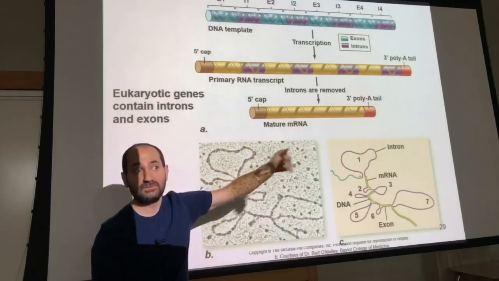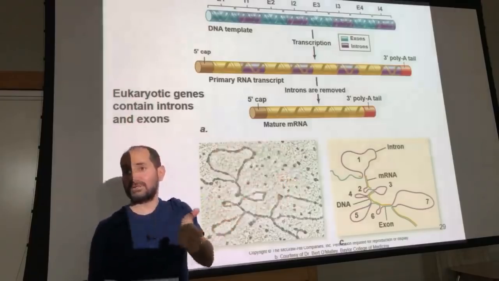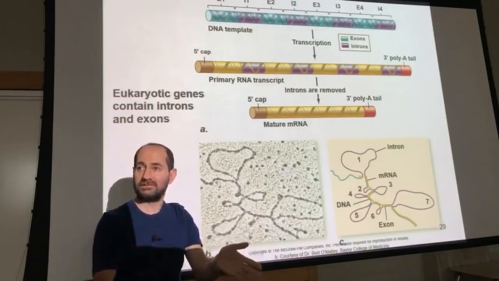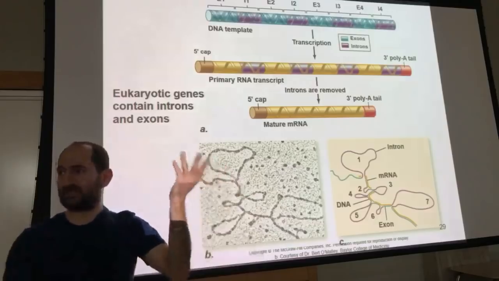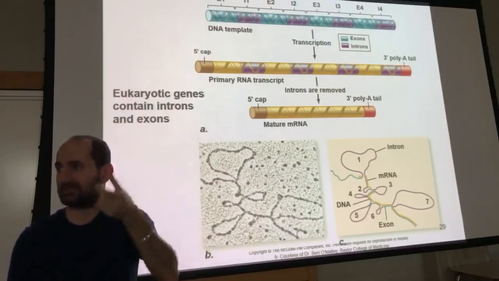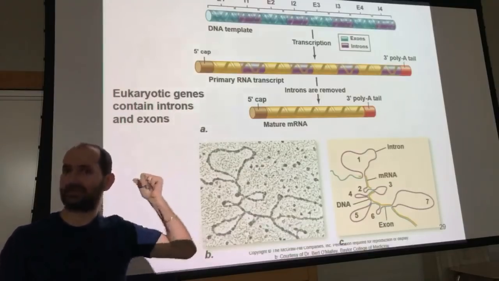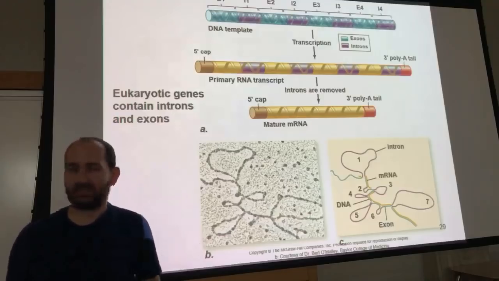That's an alternative way of splicing, isn't it? That would give me a different mRNA, and a different mRNA is going to give me a different protein. So that's 2 different proteins that I could make from the same gene. So alternative splicing allows you to have more variety of proteins than you have variety of genes.